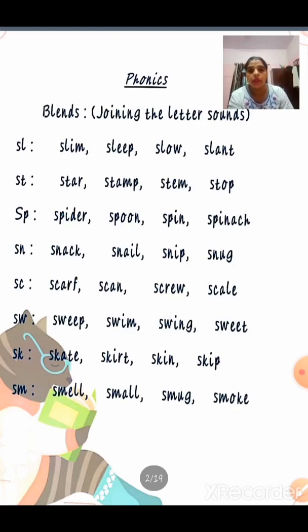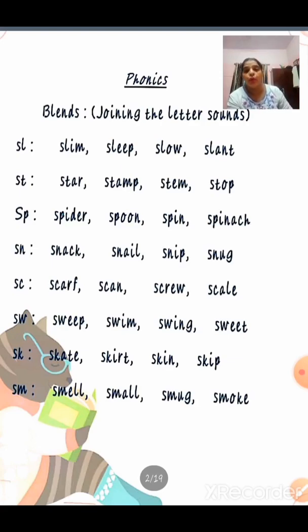Next is curve blend. Skate, skirt, skin, skip. Small blend. Smell, small, smug, smoke.